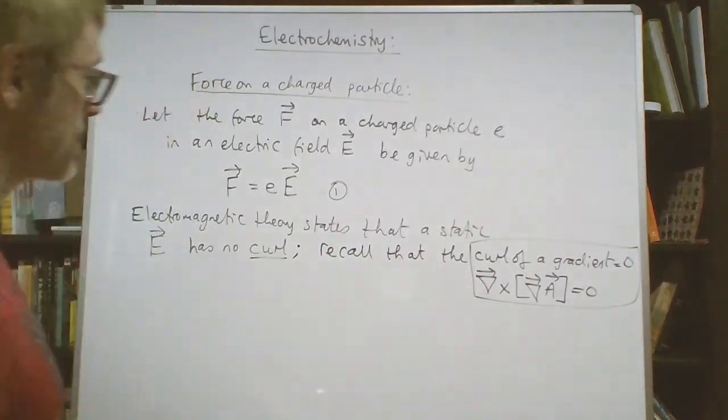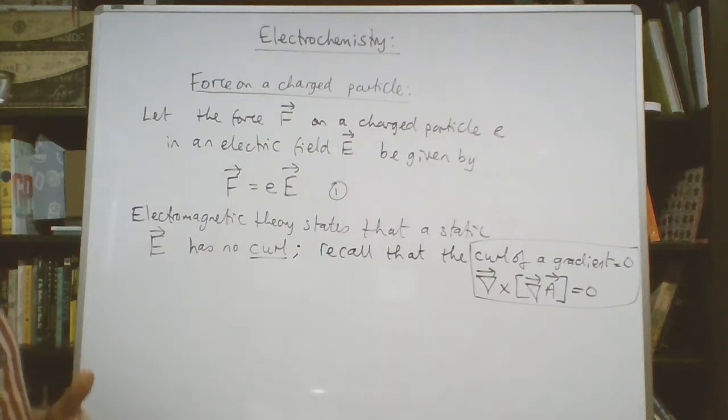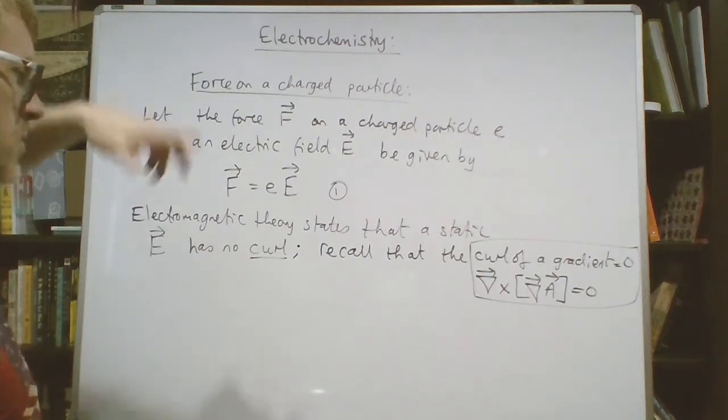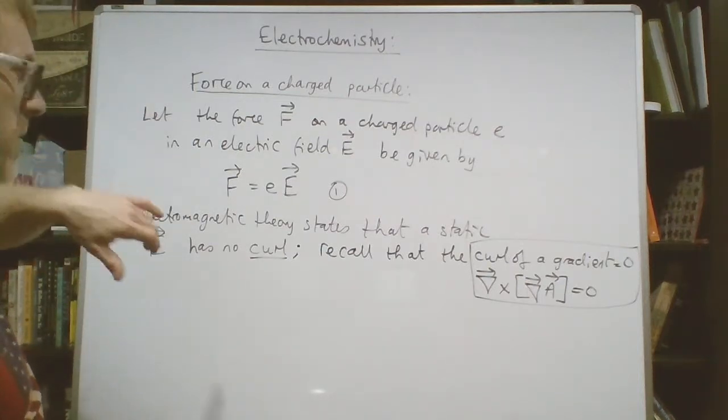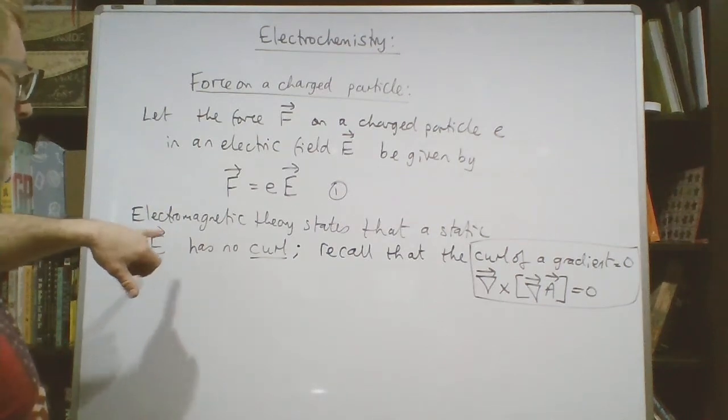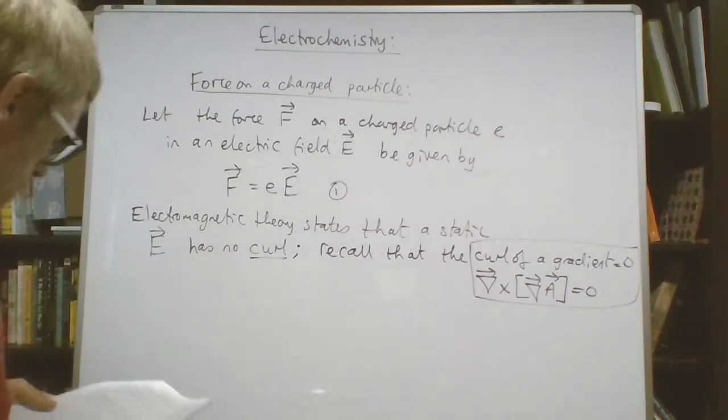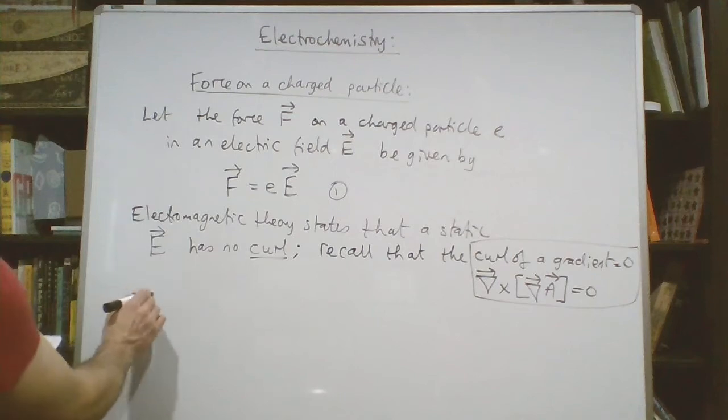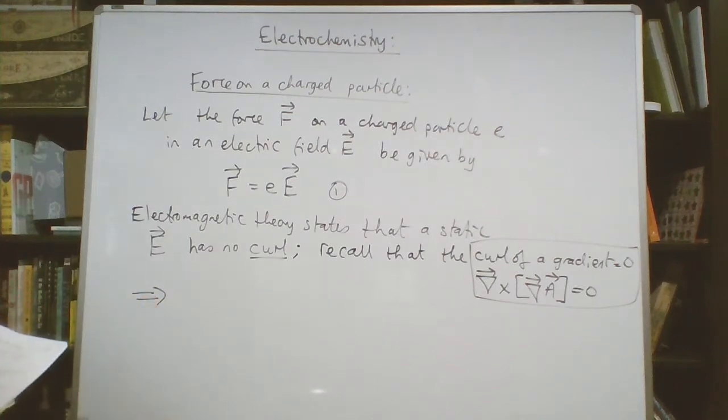So it tells us something about how we can view the electric field. If the curl of a gradient is 0 and the curl of an electric field is 0, then it would be reasonable to assume that the electric field is a gradient.